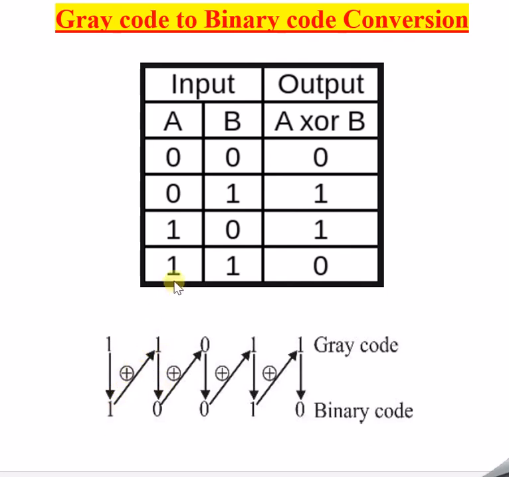What is the binary addition of 1 1? It is 0. Binary addition of 0 0 is 0, and 0 1 is 1. No need to refer to the truth table, because it is just an addition. Nothing to remember, only 1 1 gives 0. So 1 1, the answer is 0. Similarly you have converted gray code to binary.